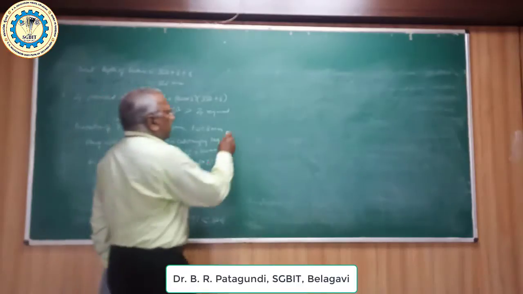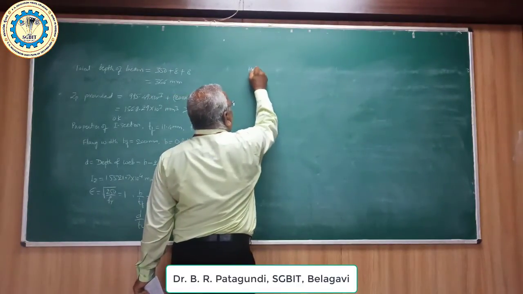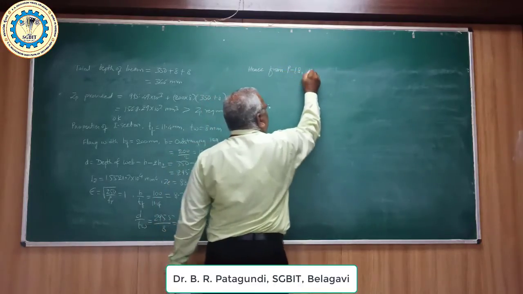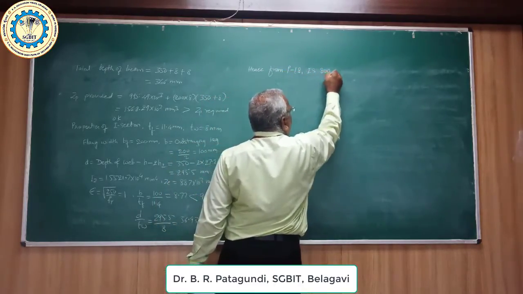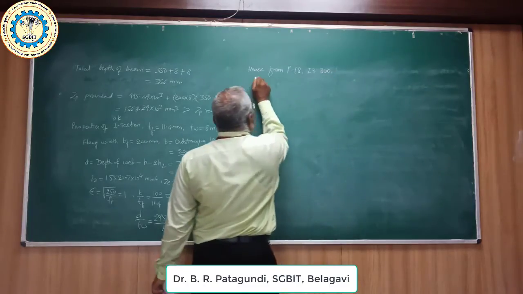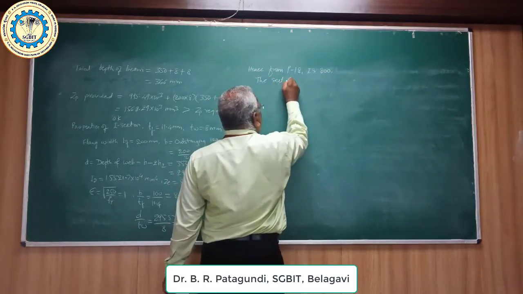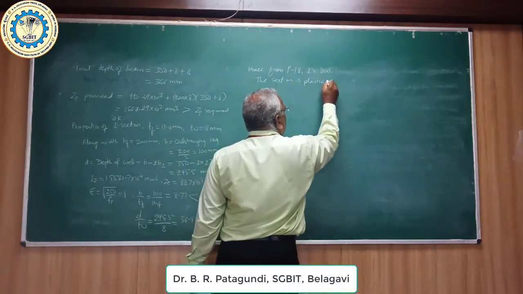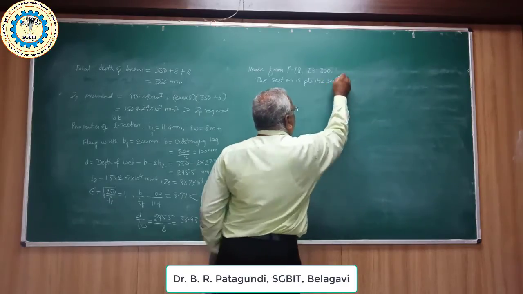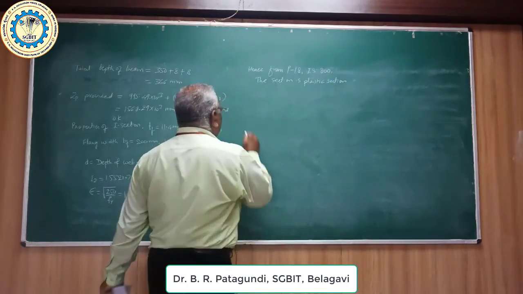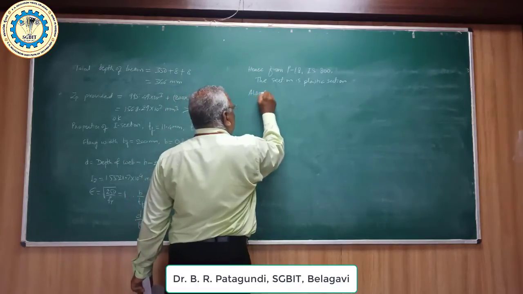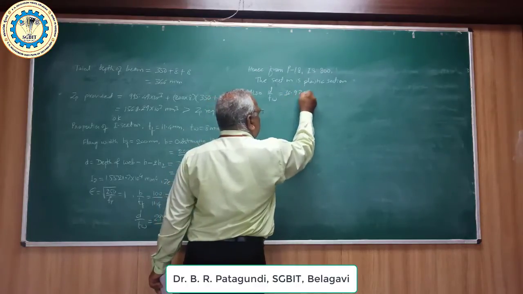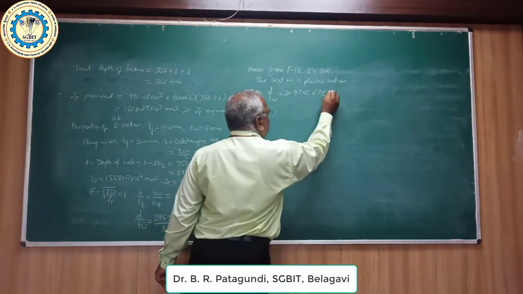Hence, from page number 18 of IS 800, this section is plastic. This section is plastic section. And also D by TW is 36.93, which is less than 67 epsilon.